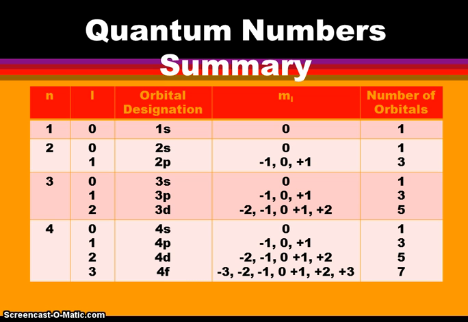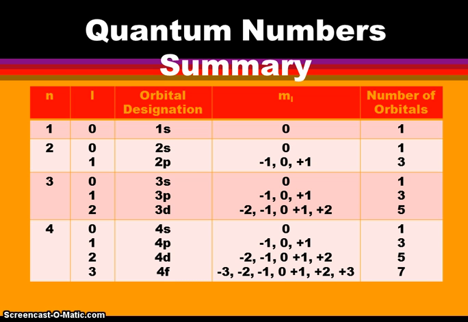The orbital notation, if we're in the first energy level and the L value of 0, would be a 1s orbital designation. 2, 0 for our quantum numbers would be 2s. 2, 1 would be 2p. 3, 0 would have an orbital designation of 3s. 3, 1 would be an orbital designation of 3p. 3, 2 would be an orbital designation of 3d, and so forth.